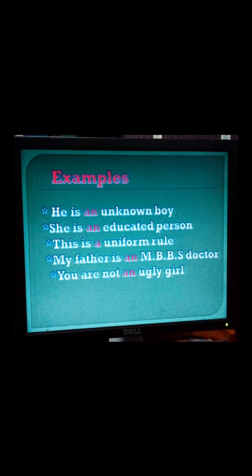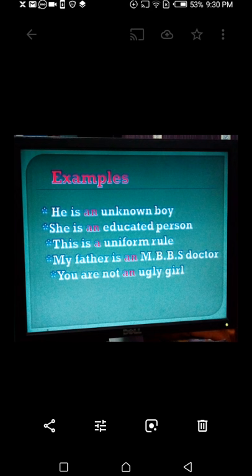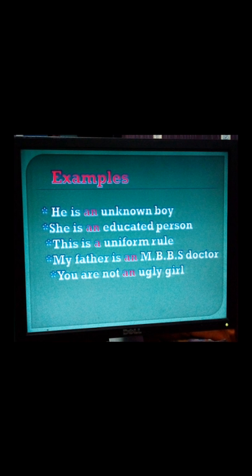Come to more examples. He is an unknown boy. I use an because unknown, the first sound is a vowel.